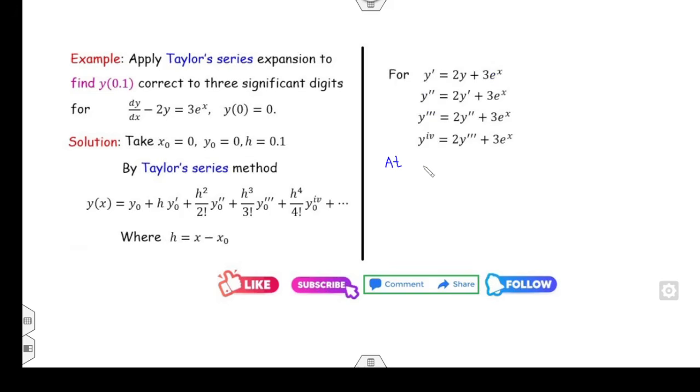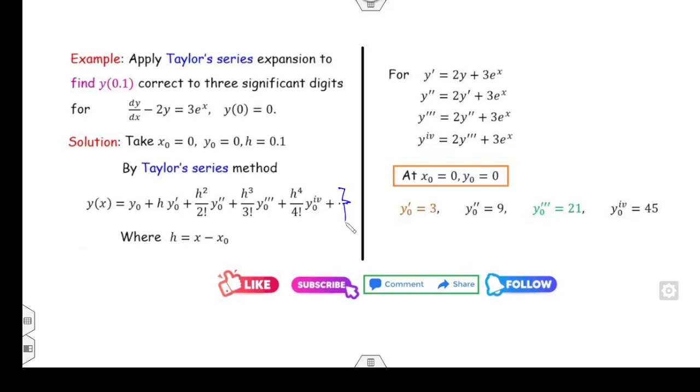At the given point, x naught is 0, y naught is 0. So y prime is 3. y double prime is 2 into y prime, which is 6, plus 3, that is 9. Can you calculate the third derivative? 2 into y double prime, that is 18, plus 3, that is 21, and so on.